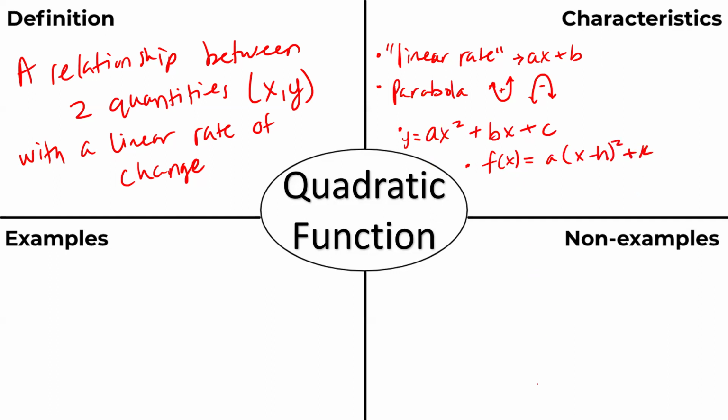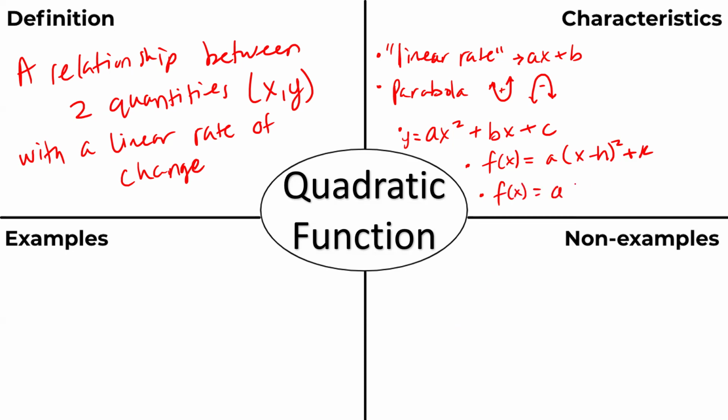This is called vertex form. What it tells you is what the vertex is of your parabola. And your vertex is either your high or your low point, right? It is (h, k). And then our last form is going to be our root form.